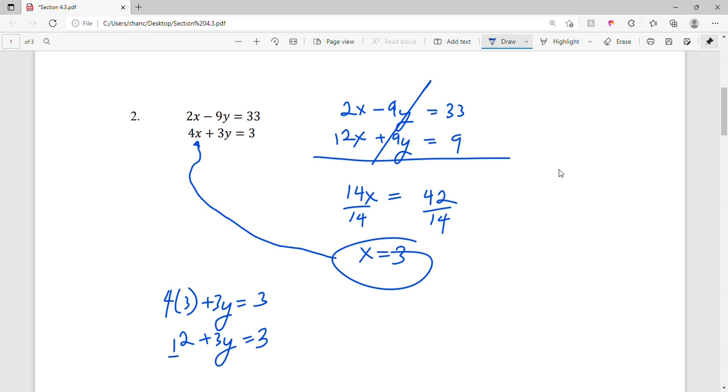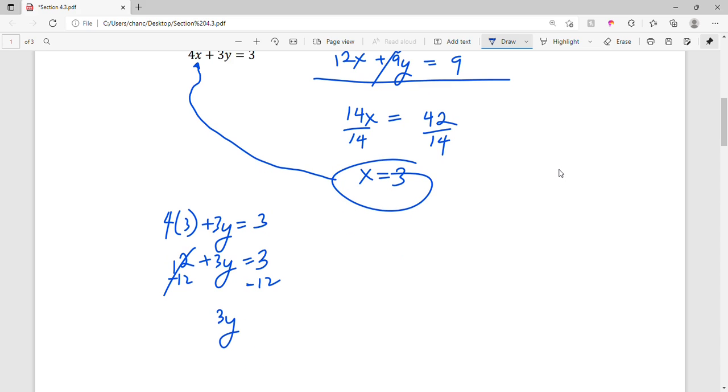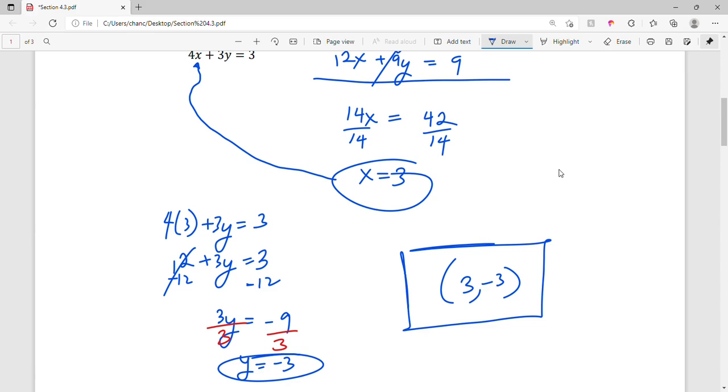We can subtract 12 from both sides. 3y is now equal to -9. I can divide both sides by 3 to solve for y. And y here simplifies to -3. Let's write our answer as (3, -3). It's an ordered pair solution.